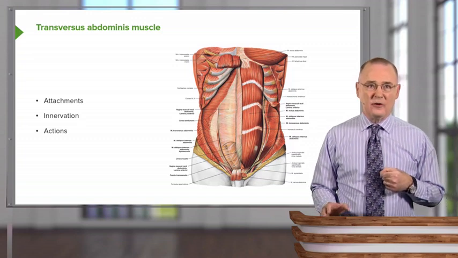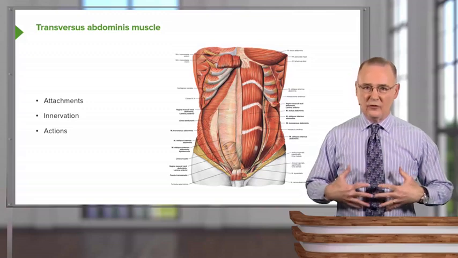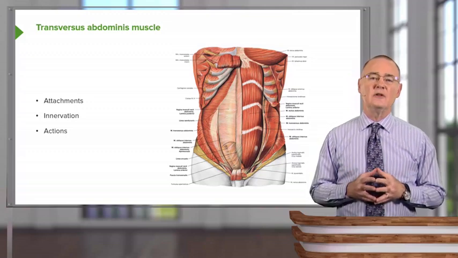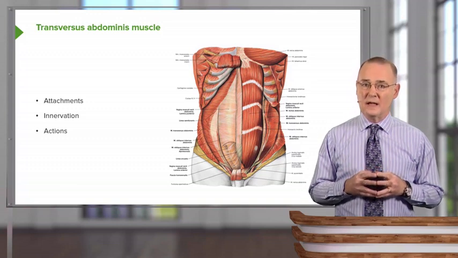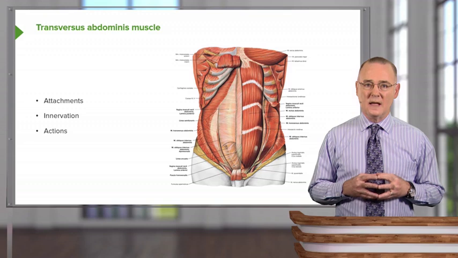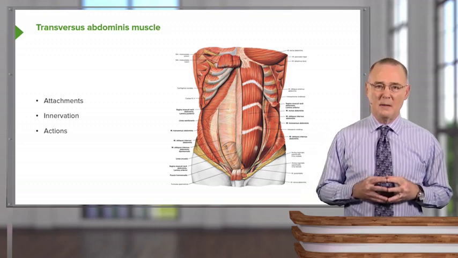Actions of the transversus abdominis: because of the transverse or horizontal orientation of these muscle fibers, the primary function of this muscle is to compress the abdominal viscera as well as to protect the abdominal viscera.